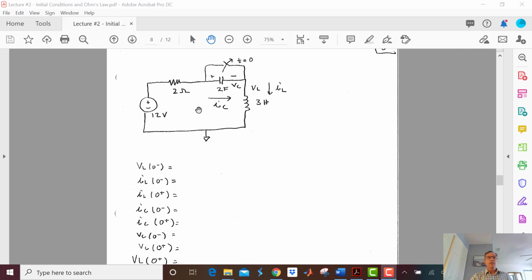Well, we know that the current won't change, so 12 minus 2 ohms times 6 amps is going to give me 0 volts here. And I know that I had 0 volts across the capacitor at t equals 0 minus, so I'll have 0 volts across it at t equals 0 plus. So the voltage at the inductor will remain 0. It could change quickly, but it didn't.